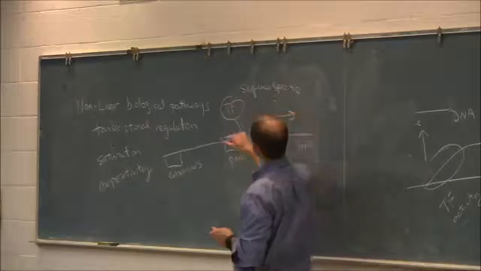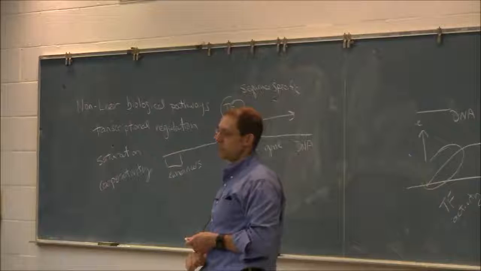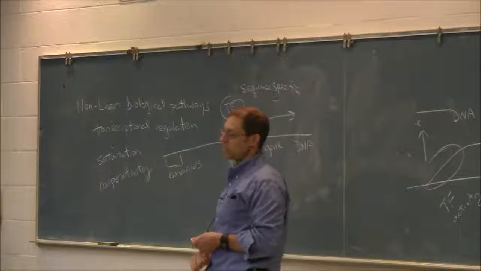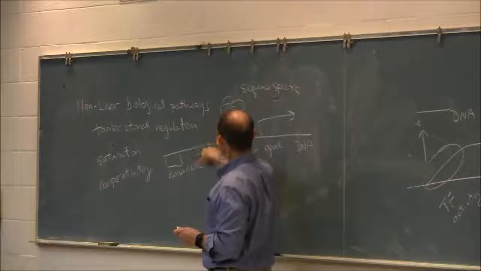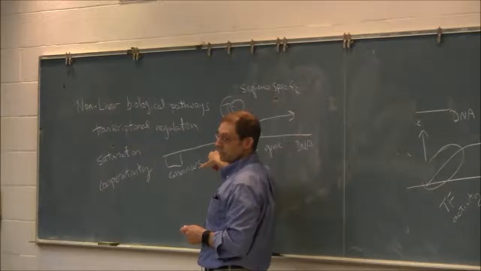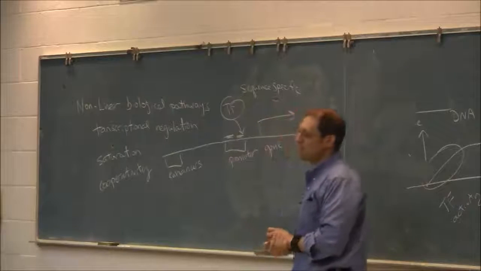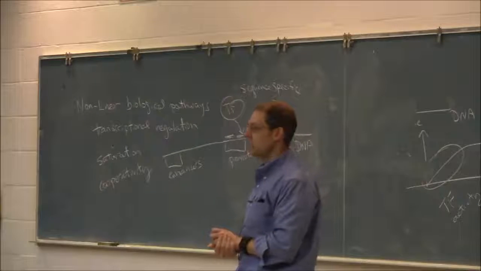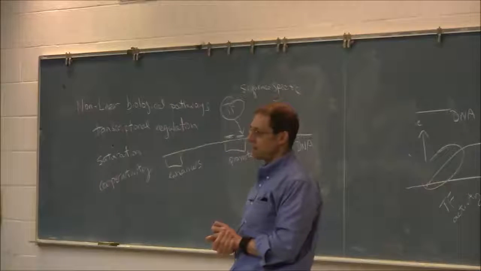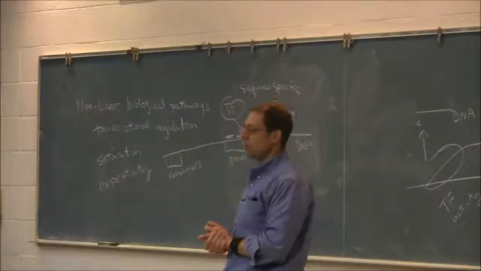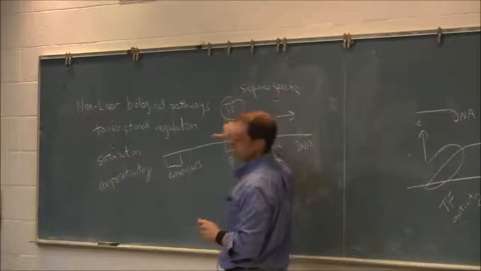So some are sequence specific. There are also non-sequence specific transcription factors. So the idea is that in order to transcribe a gene, you need a lot of apparatus. You need something that tells you which gene to activate, but then you need all the machinery of RNA polymerase, and RNA polymerase is a big complex that has to get recruited. So those are non-sequence specific transcription factors that a transcription factor will recruit.